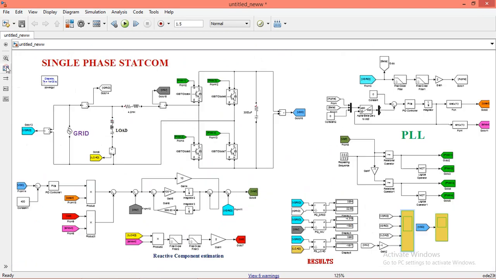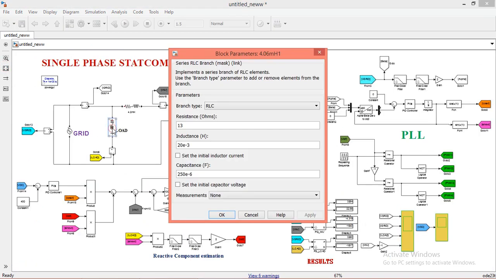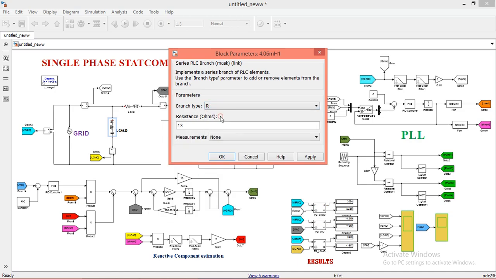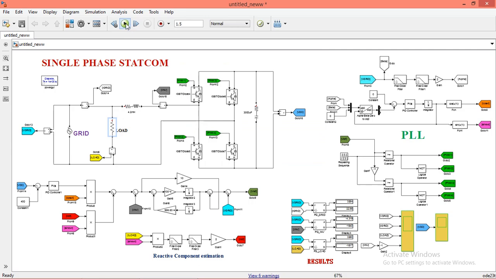Now finally, before we end the presentation, let's see what happens if we connect only an active load. Say I have connected a 25 ohm active load only. Run the simulation.